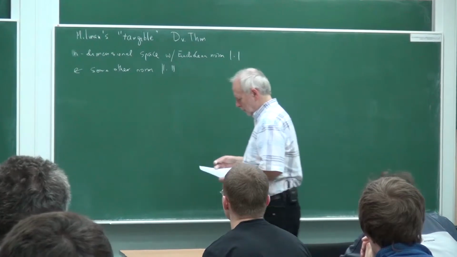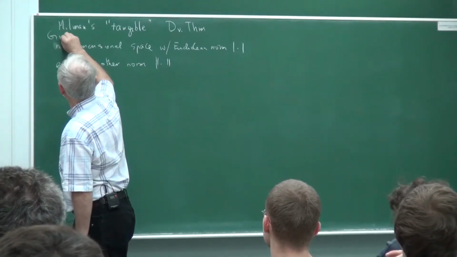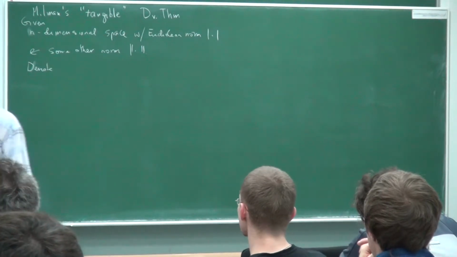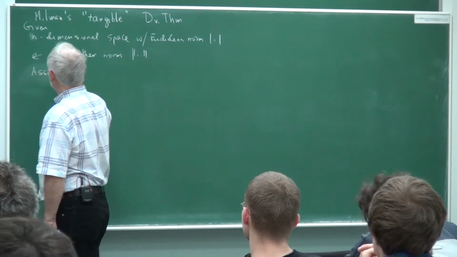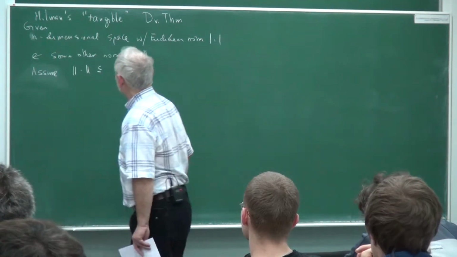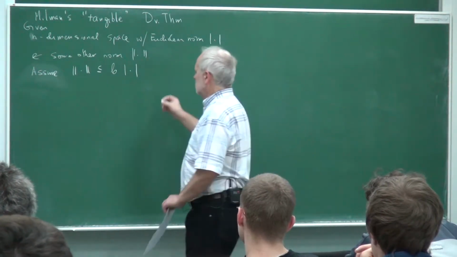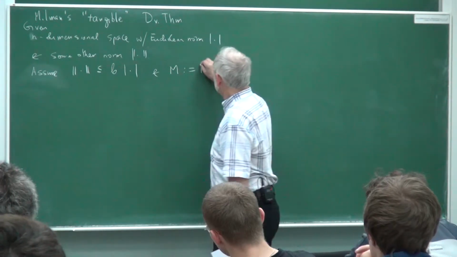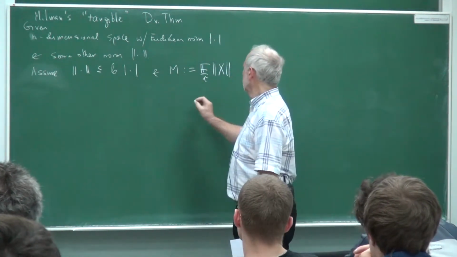Okay, so then let's assume that there is some degree of compatibility between the two, so that this norm is less than or equal to some number b times the Euclidean norm, and let's denote by M the expected value of the other norm, where this expected value is taken over the Euclidean sphere.